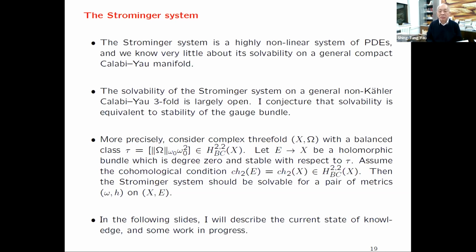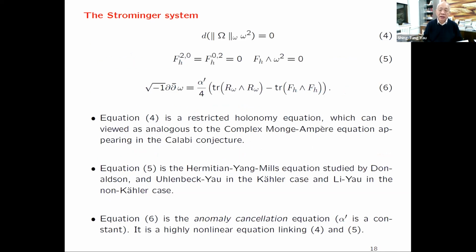And then we have a necessary condition, because the anomaly condition requires the second Chern class of the bundle to equal the second Chern class of the manifold. So you see this equation 6. The left-hand side says that it is dd-bar closed. The right-hand side is the second Chern class of the manifold minus the second Chern class of the bundle.